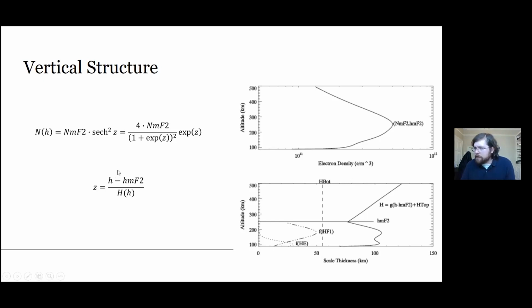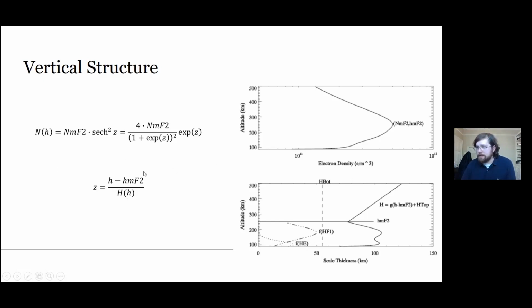And so one of the ways to do that was to, instead of thinking about things in terms of electron density, just say, well, we're going to model everything as this kind of semi-Epstein layer given here. Instead of bothering to add in a bunch of different layers and things like that, we'll just vary the scale height or the scale thickness of that single layer with altitude instead.